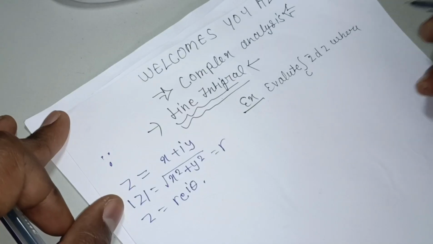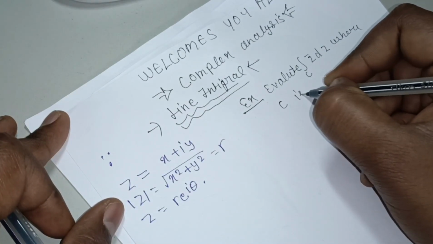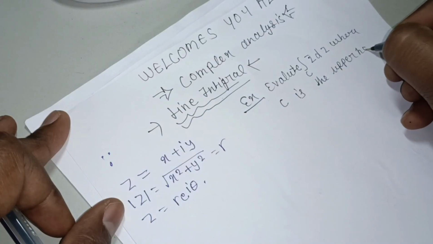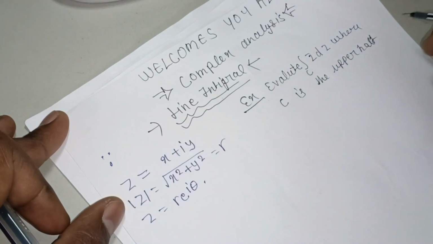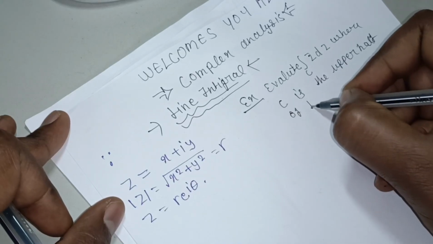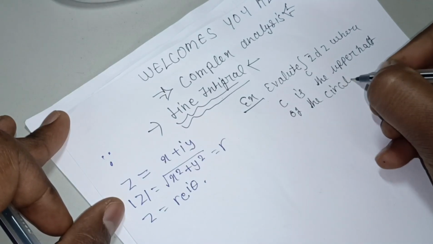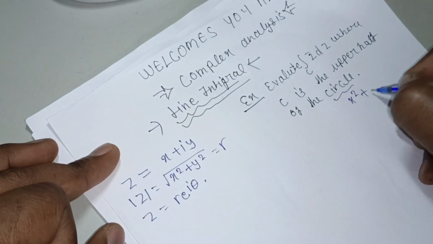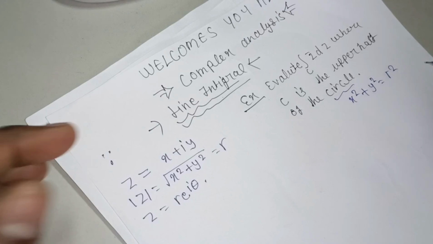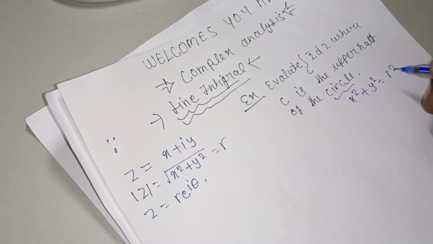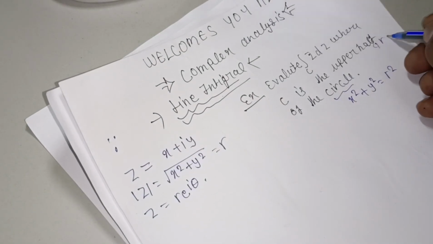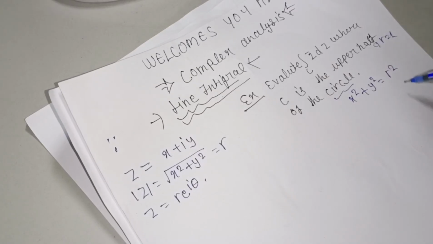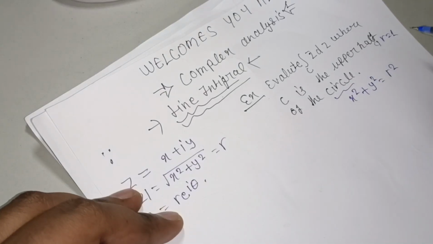The equation of a circle is x square plus y square is equal to r square. And here we are given r is equal to 1. Then r square will also be 1. So r is equal to 1, we have been given this.